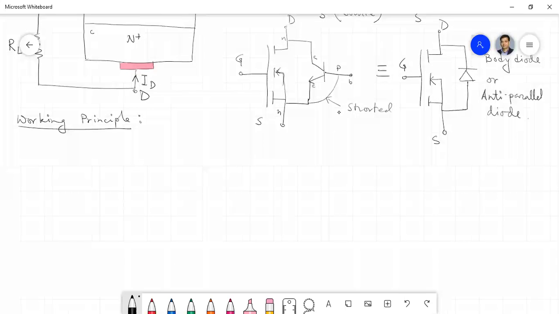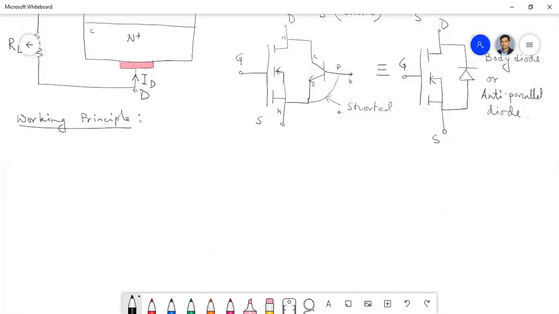Anyway, there is another disadvantage of the body diode. The disadvantage is that if we apply a reverse voltage, due to this body diode it can't block the reverse voltage like your thyristor. That is the main disadvantage of the MOSFET. Due to its inherent body diode, it cannot block any reverse voltage.